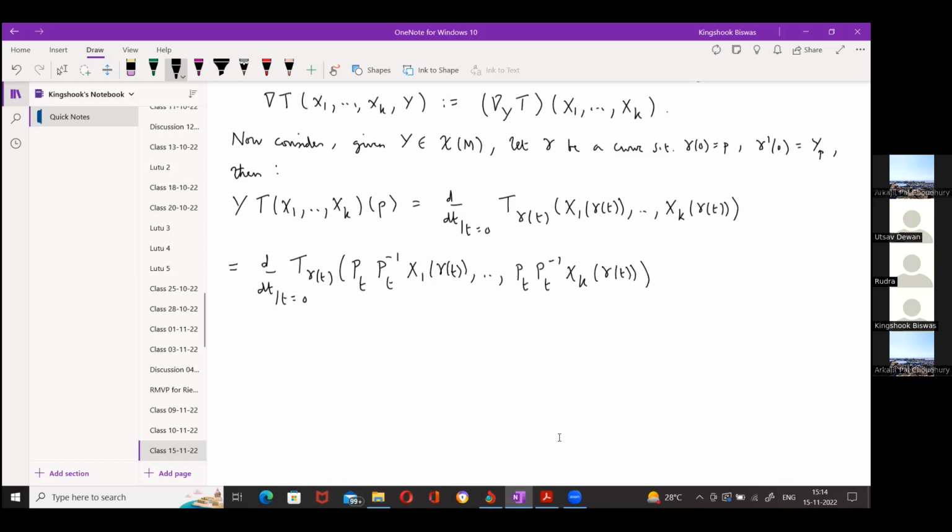Right. Now I have T at gamma(t) of P_t of some vectors, right?